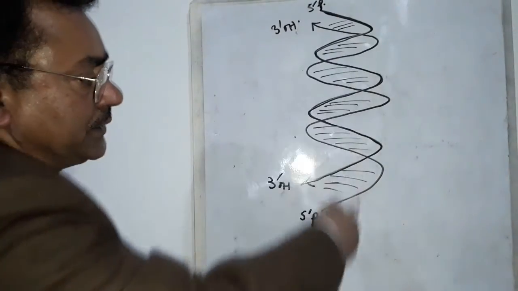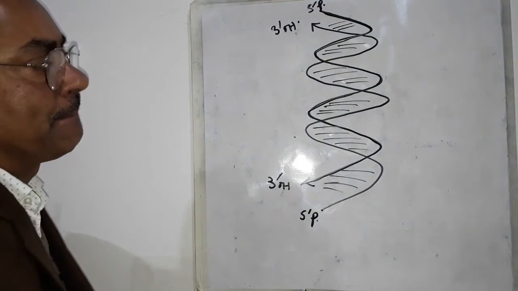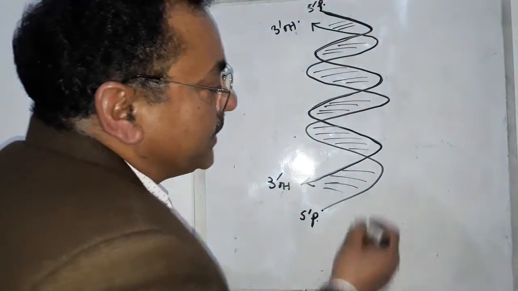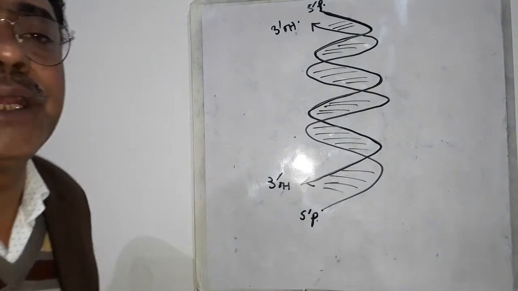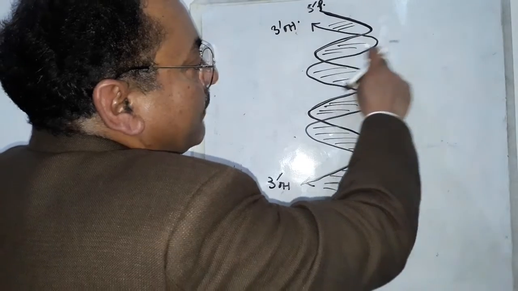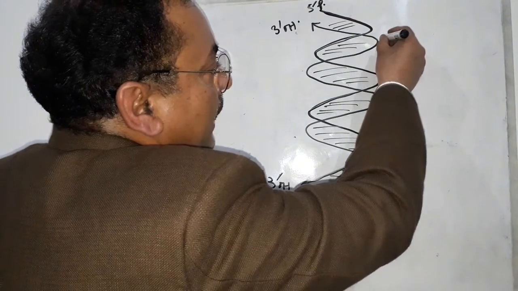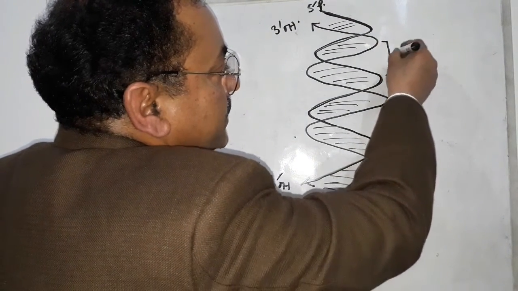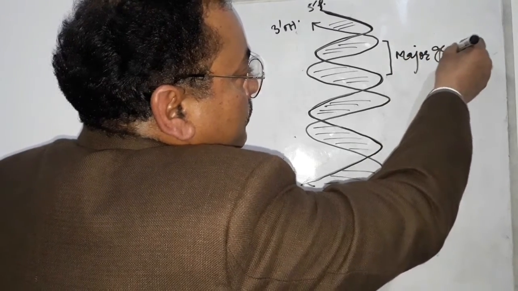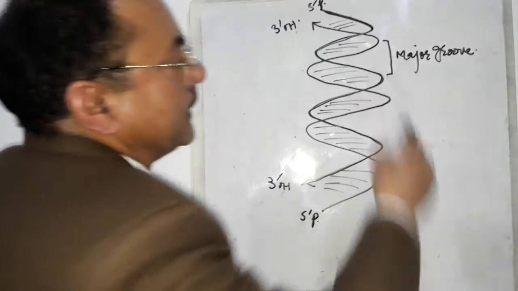When you draw this diagram, you can see there is formation of alternate major and minor grooves. This is a groove, a bigger one. You will call this groove as major groove. Major groove on the DNA.